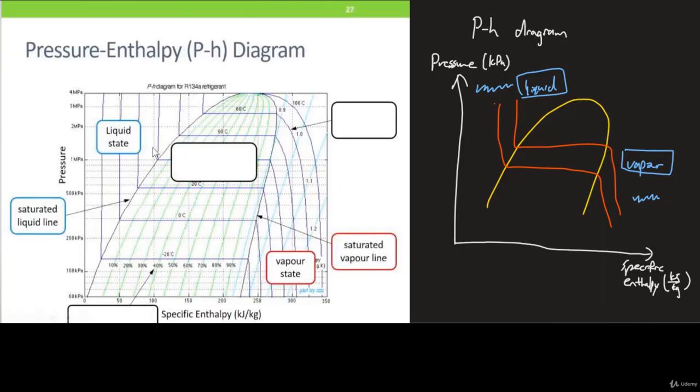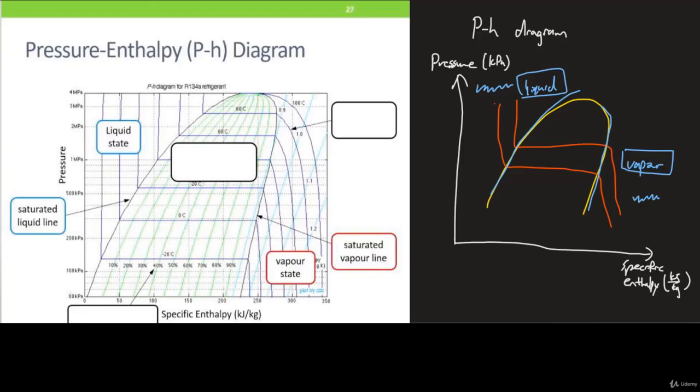The liquid state is bounded by the saturated liquid line, whereas the vapor state is bounded by the saturated vapor line. So at any point where your refrigerant exists at the right-hand side of the saturated vapor line, it exists as a vapor. Just like H2O at 110 degrees Celsius at atmospheric pressure, it exists as steam. It is a vapor.